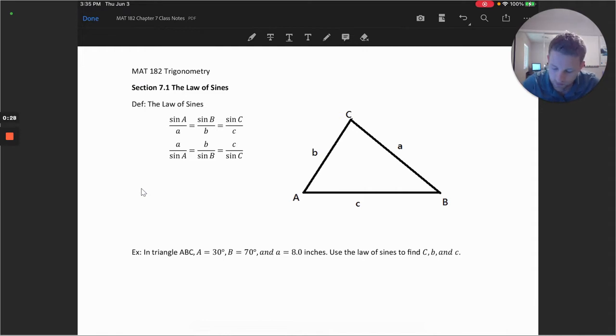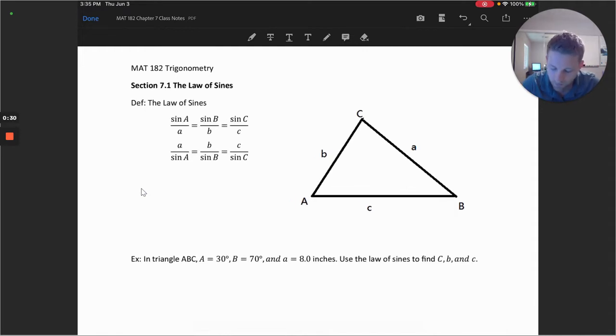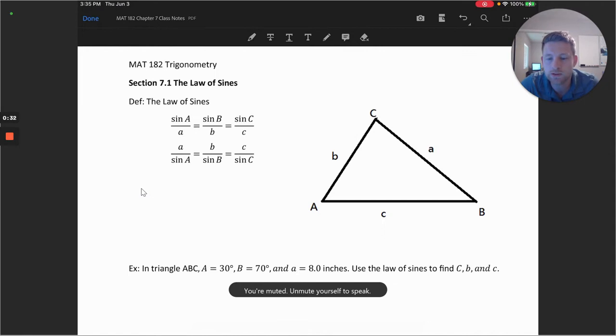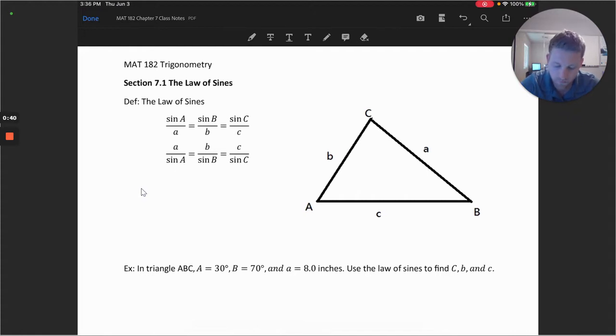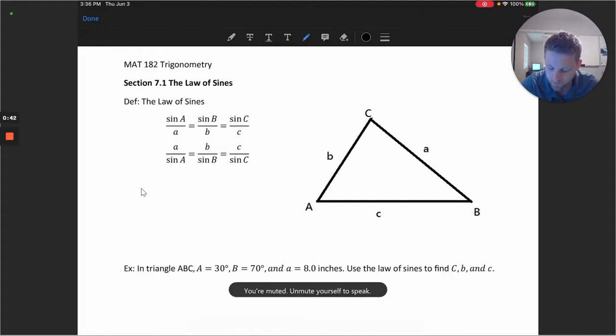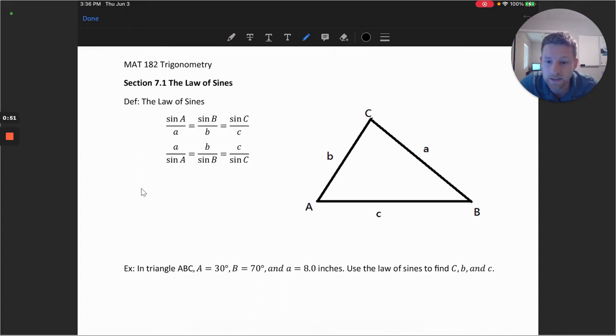So let's consider the law of sines. For any triangle with angles A, B, C and side lengths little a, little b, little c, this relationship holds: sine A divided by a is equal to sine of angle B divided by b, which is equal to sine of angle C divided by side length c.